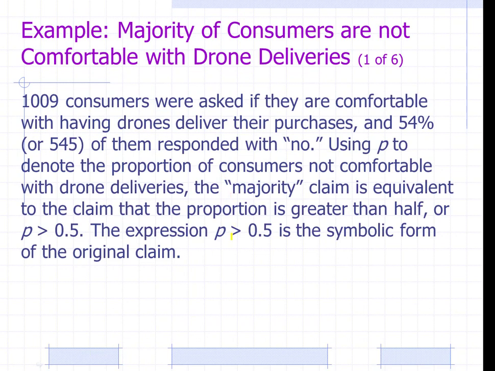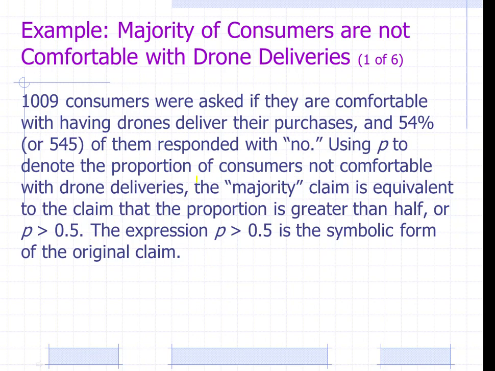So here is an example. And I know you can read this, but we have 1,009 consumers who were asked if they were comfortable with drone deliveries, and 54% said no. Our sample proportion. And here's the deal.